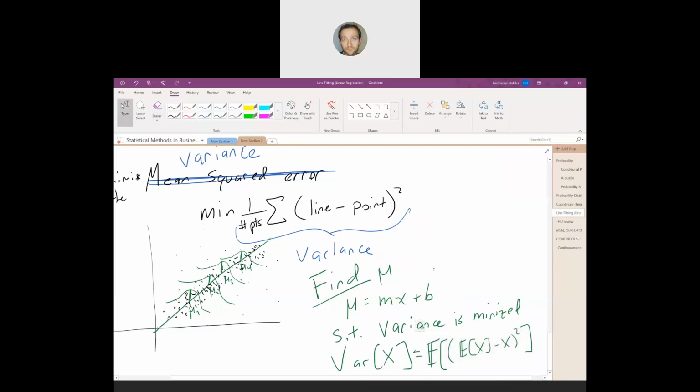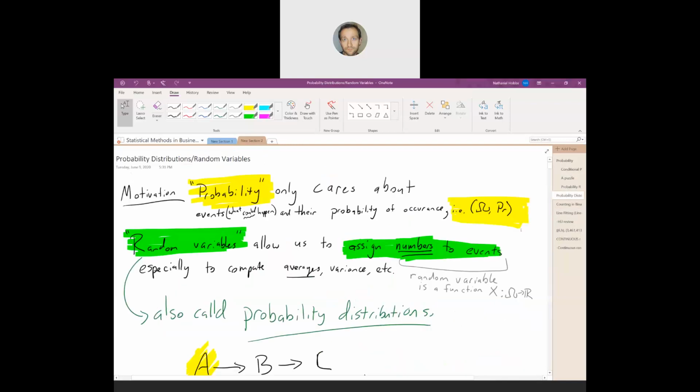Some standard deviation. How far off from the average? Yeah, it is sort of how far off from the average. It's the squared distance from the average by definition.